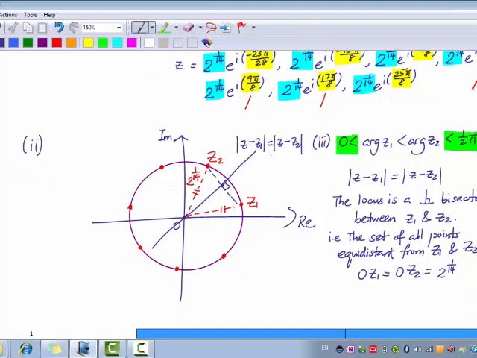Okay, I just indicated the equation of this locus. Therefore, OZ1 equal to OZ2, so O lies on this perpendicular bisector. In other words, the bisector passes through the origin.